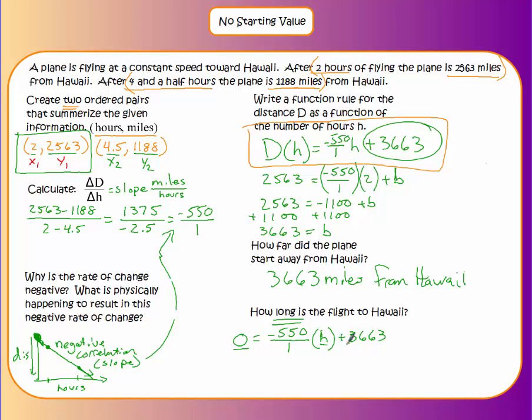To do this, first, remember we're doing PEMDAS backwards here. So let's subtract this 3,663 from both sides. Now I have negative 3,663 equals negative 550 times h. I don't need this over 1 anymore. Now I have multiplication going on. To undo multiplication, I'm going to divide.